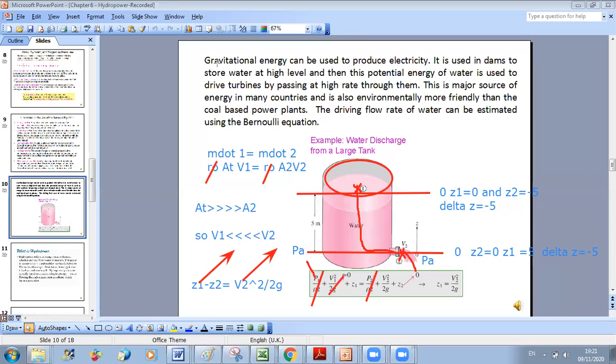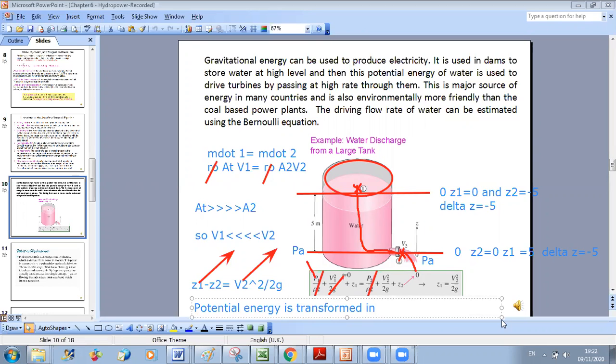So here it's a simple application where potential energy is transformed into kinetic energy. And this is the concept of water dams and hydropower, as simple as that.